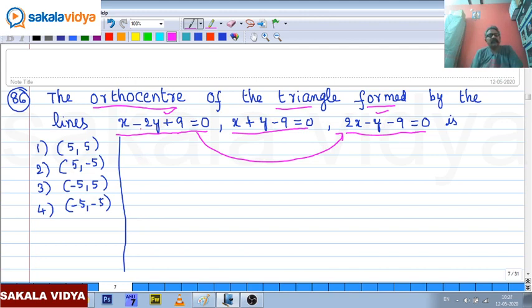Say for example slope of this one is m1 equal to 1 by 2. Slope of the third line is m3, you are not getting it, right. Now you need to solve, that's all.